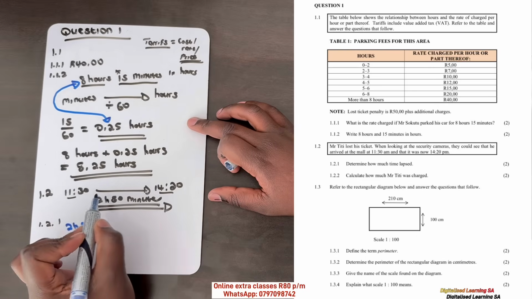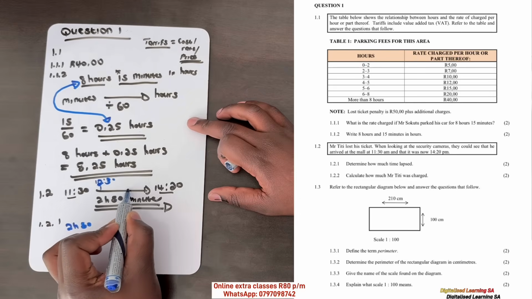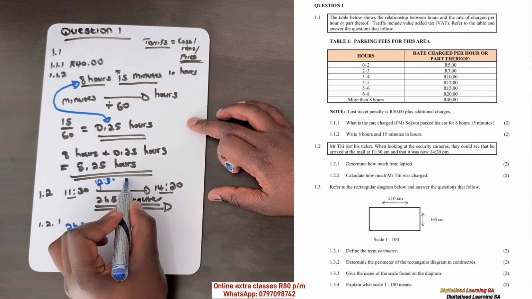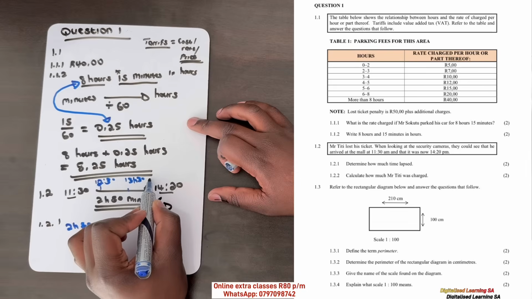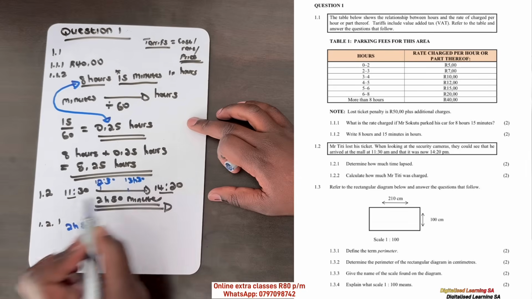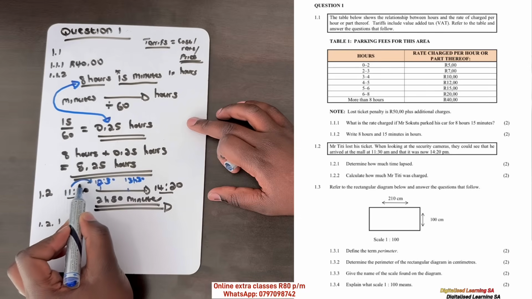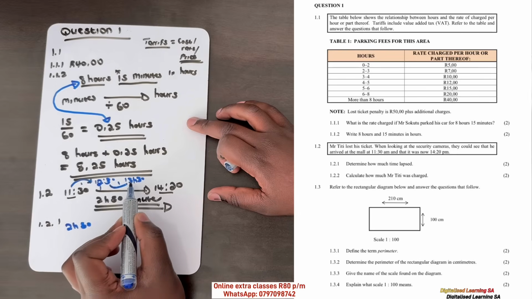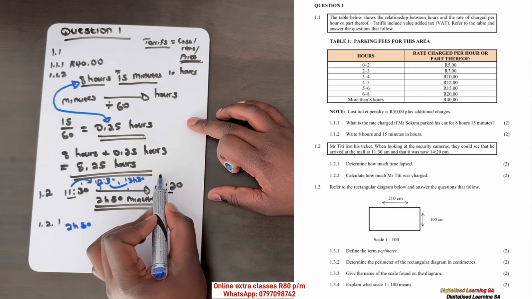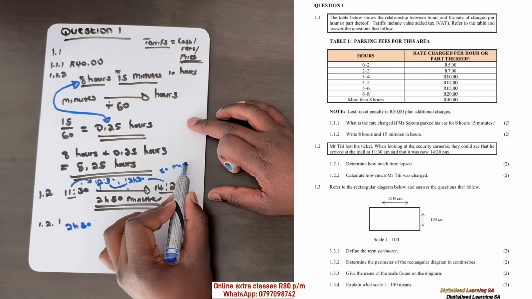So we know that our answer is going to be 2 hours and 50 minutes. Maybe we can just come here and write 12:30, and then also write 13:30. So we can see that from 11:30 to 12:30, this is an hour, and then from 12:30 to 1:30, this is another hour, and then from 1:30 to 2:20, this is 50 minutes.